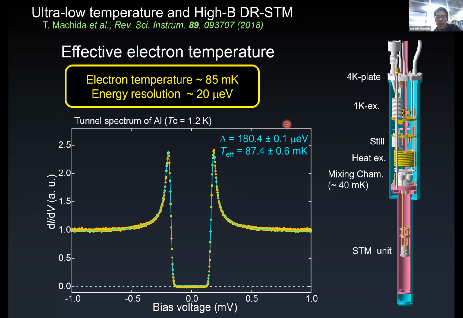Thanks to this high energy resolution of this STM, we can obtain a very nice BCS-like superconducting gap with a very sharp coherence peak, even on the low-Tc superconductor aluminum. So by using this high energy resolution STM, we have re-investigated the electronic states around the vortex core of the selenium-doped iron telluride.